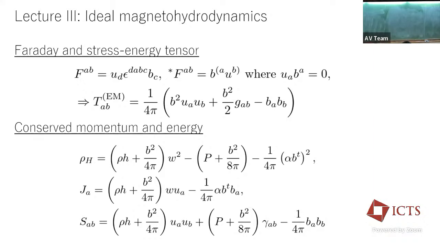For example, b squared over 8 pi gives you the magnetic pressure, and b squared over 4 pi in this part is inertia coming from the magnetic field. For relativistic collisions, you also have an additional term, which is alpha b^t. Also in the current, you have the inertia and the alpha b^t term.